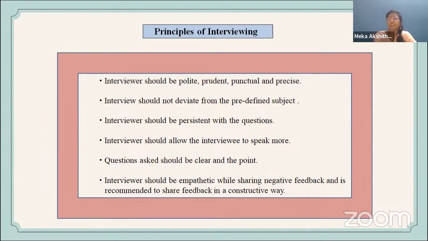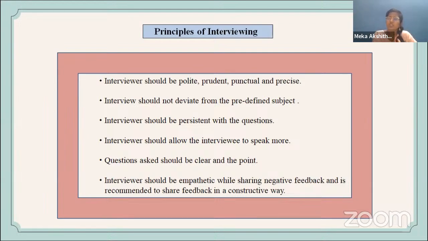Interviewer should be empathetic while sharing negative feedback, and it is recommended to share feedback in a constructive way. In many of the interviews, for every candidate, the interview they attend is important, right? So even if you wanted to reject the particular candidate, there is some particular way in which you would be rejecting the candidate. You shouldn't be saying that you are rejected, you do not have any abilities or skills required for this job.